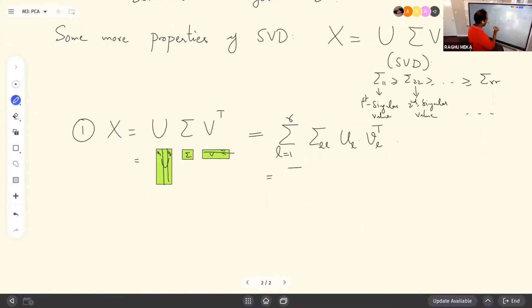Right, so we're just saying, okay, there is a number here, which is just a number, and then I just have a single vector.